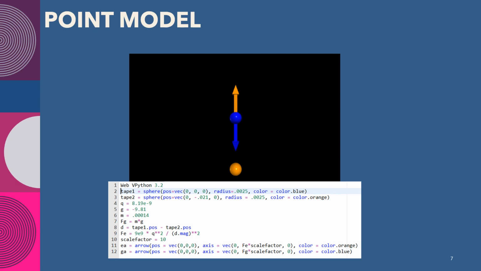Some similarities and differences between the data and model are that this is obviously an extreme oversimplification, given that the tape is a long piece and we've just simplified it to a single point. Sources of error here include the oversimplification, measurements when I initially did the experiment, and then any kind of issues I may have made in the coding.